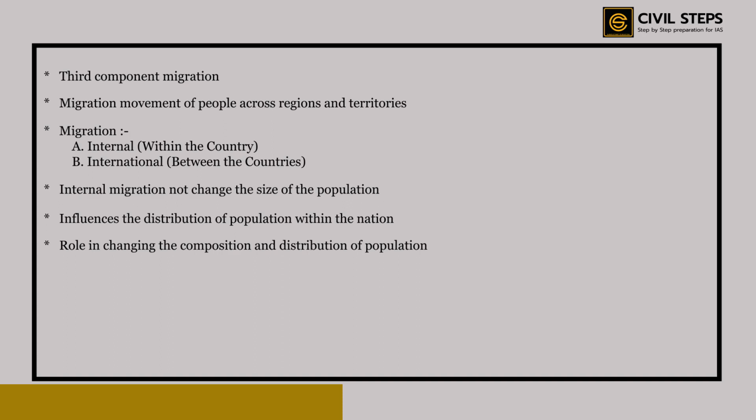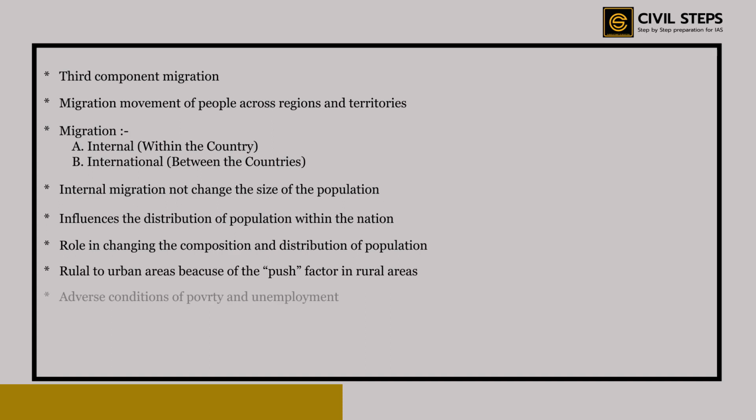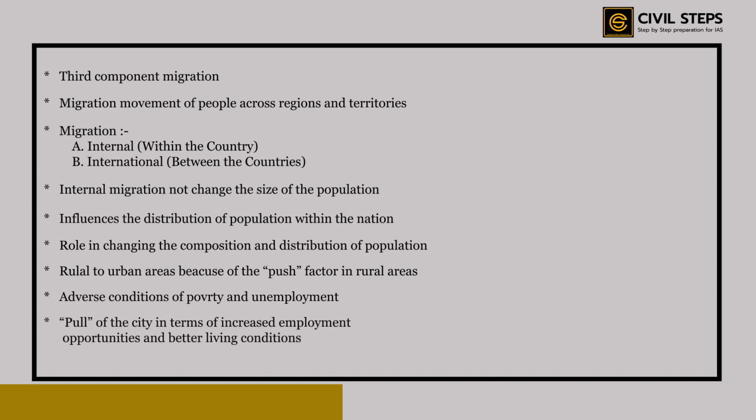In India, most migrations have been from rural to urban areas because of the push factor in rural areas. These are the adverse conditions of poverty and unemployment in the rural areas, and the pull of the city in terms of increased employment opportunities and better living conditions.